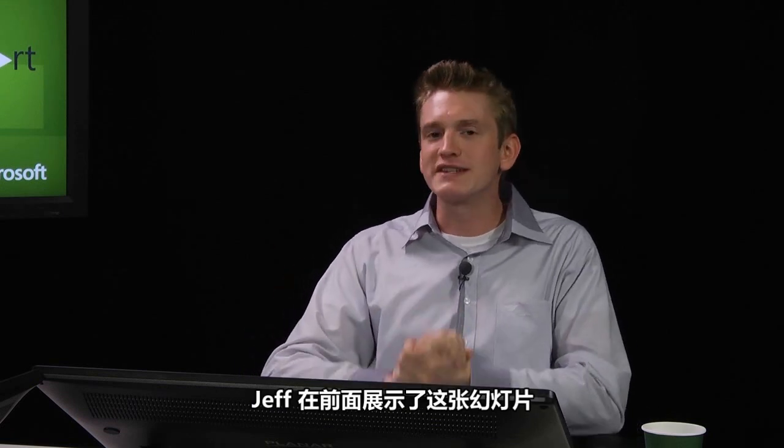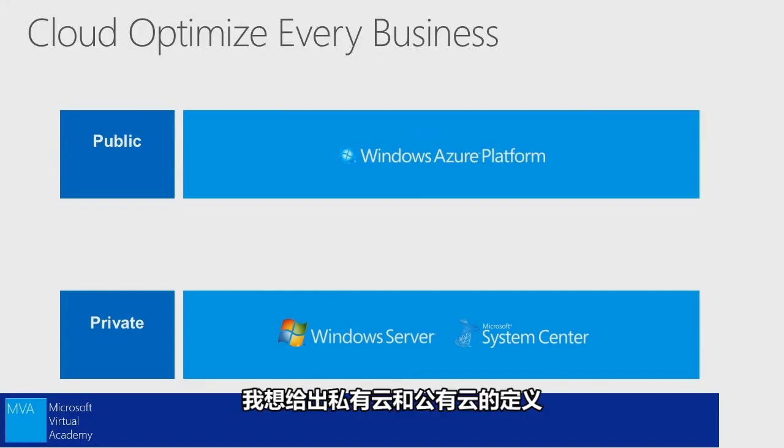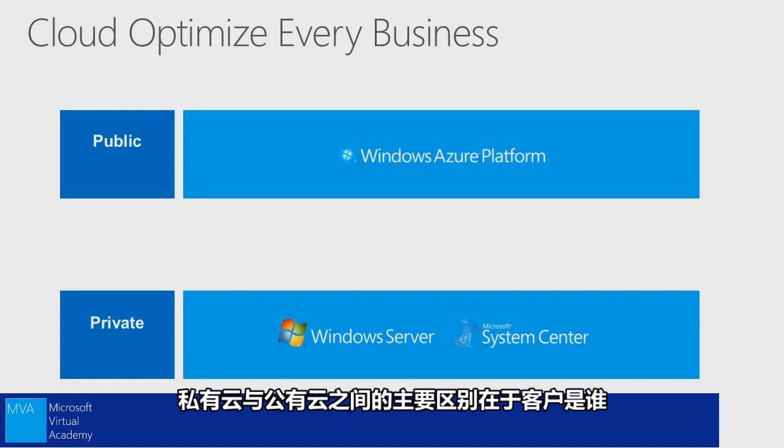Now, Jeff showed this slide a little earlier, and I want to define what the private cloud is, what the public cloud is, and the difference between them. Essentially, they really are the same thing. They're offering IT as a service. You make a request, you get a resource. The main difference is who the customers are.